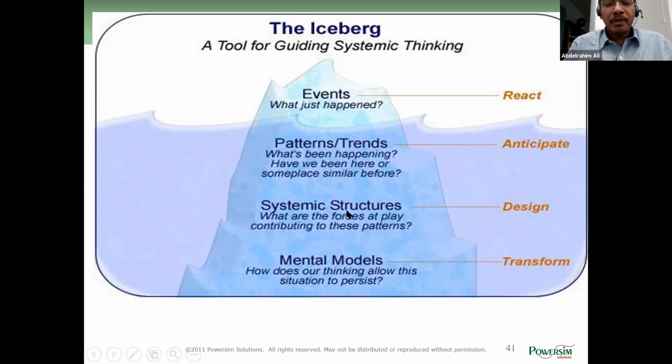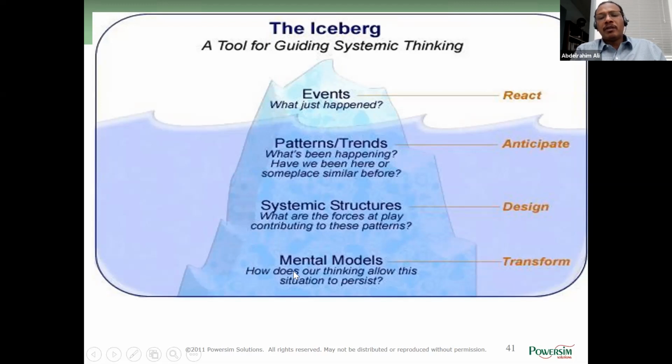Then if we look deeper, we can see the structure, which forces the factors to play and come up with these patterns and these events. At the structure level, we can work to design and redesign, and this is organizational redesign. These structures are an outcome of mental models.